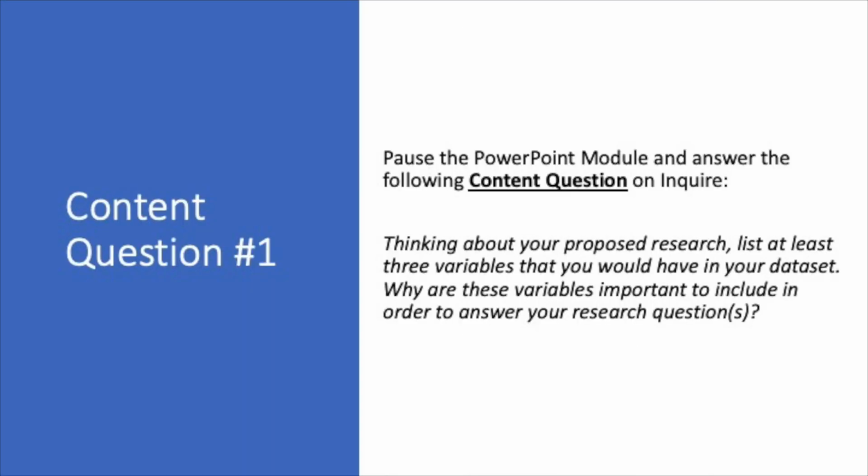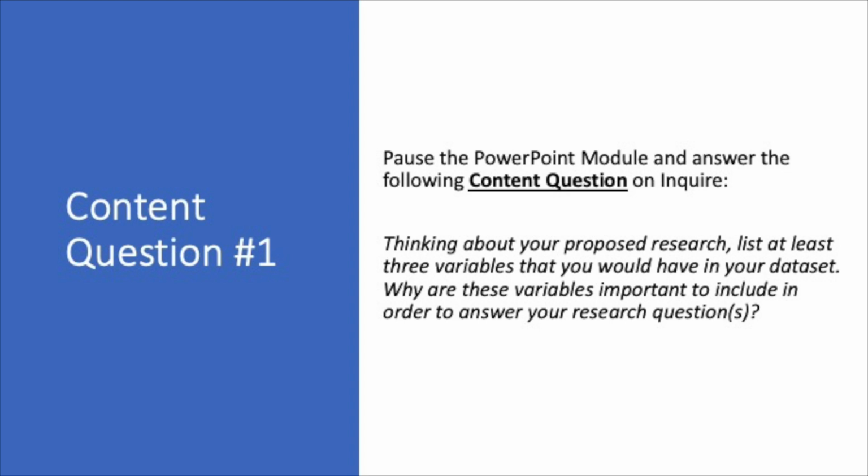Here's your first content question, and you have 2 of them, so I labeled this one content question number 1. Thinking about your proposed research, list at least 3 variables that you would have in your data set. Imagine you've done your data collection. What variables are you going to get from that?